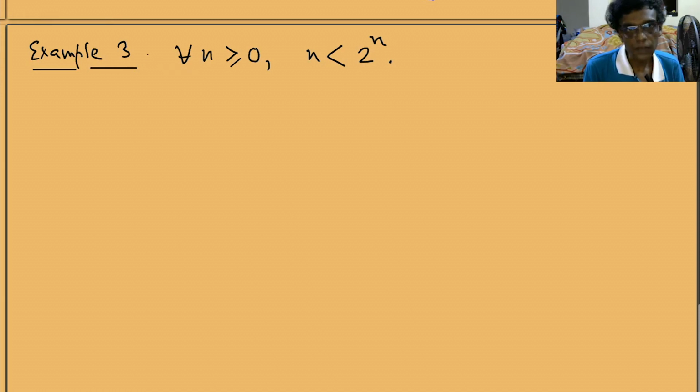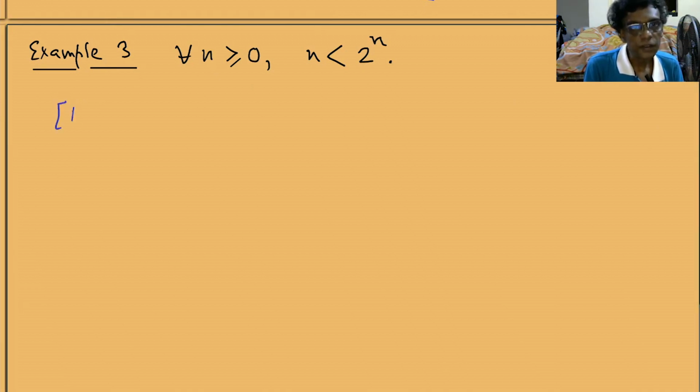This example actually establishes that the size of any set is strictly smaller than the size of its power set. In fact, later we will generally prove that this is true even for infinite sets. But please hold on. Those things we will study a little later. But for finite sets, I can give a very simple and elegant proof based upon induction.